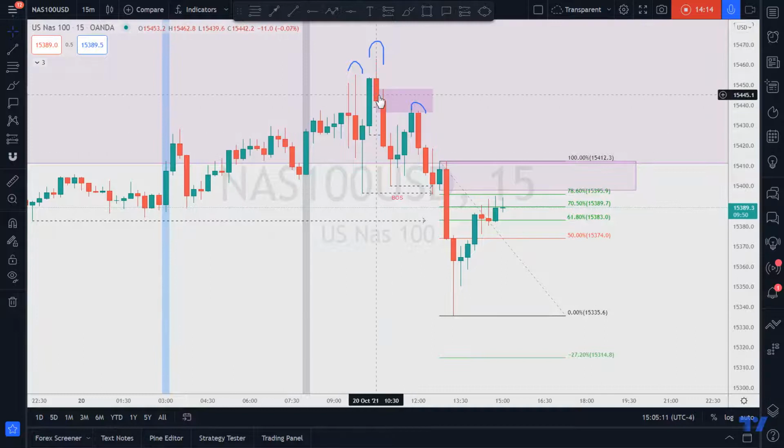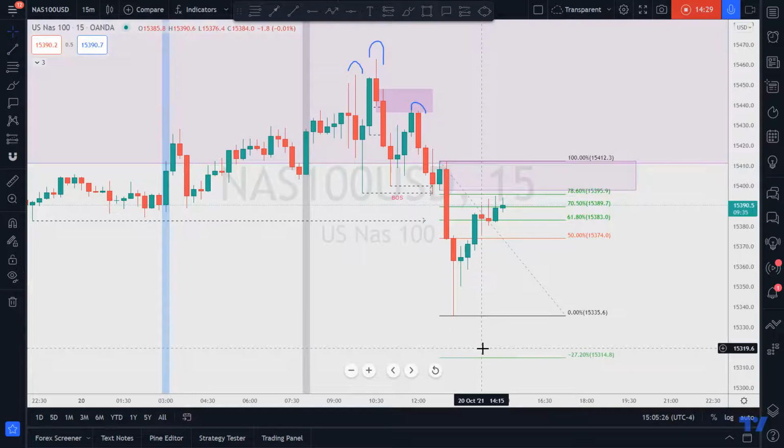We set this POI here. This is a 4-hour order block. We looked for price to transition. It gave us a reversal pattern. It broke structure to the downside, and we're looking for price to come back up as a return to impulse, and possibly continue with the bearish momentum.